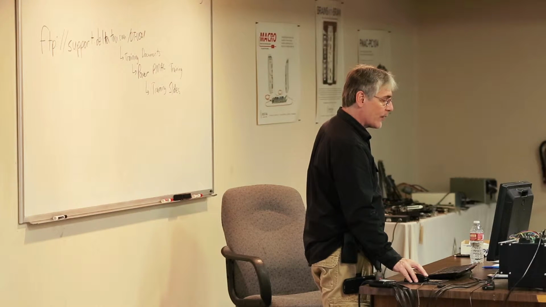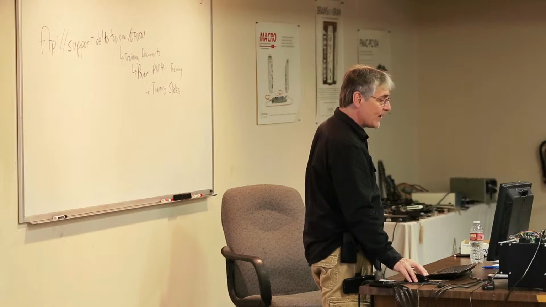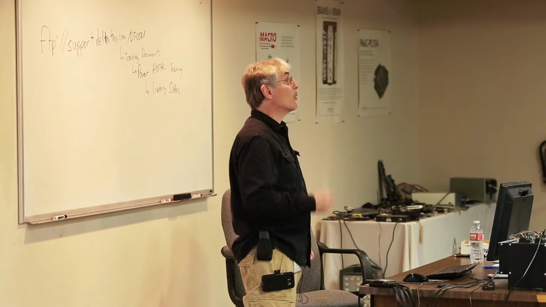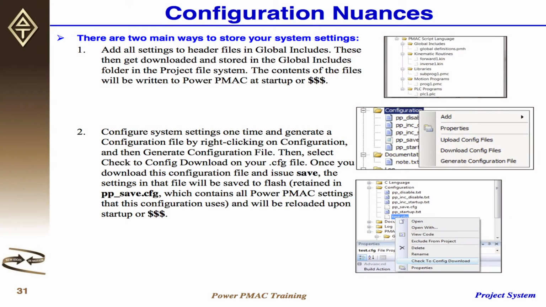We have a C language folder that has all of the C features in Power PMAC. And then there's a script language folder that has motion programs, PLCs, kinematic routines, and any libraries, any subroutines that you may have created that you can put in a library format. There's a section in here called Global Includes where you can set up global definitions.